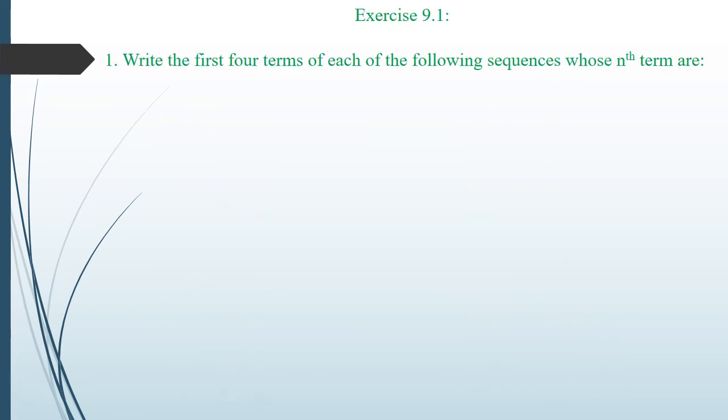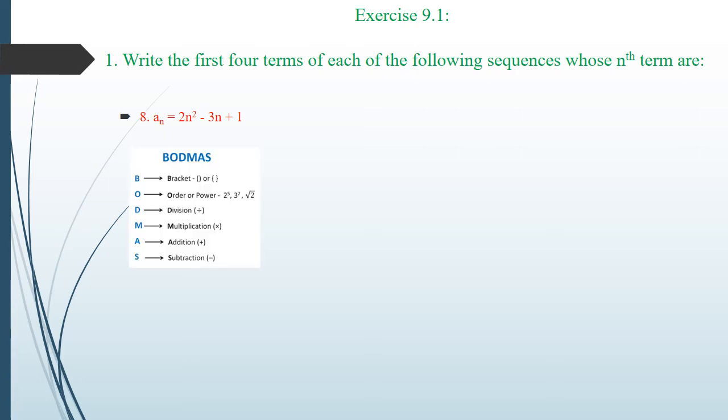We have something extra to learn from the previous problem which I solved, that is problem number 8, represented by an is equal to 2n square minus 3n plus 1. Here multiple terms are involved which we have to calculate, so we have to follow the BODMAS rule in order to solve this. BODMAS rule says first we have to solve the terms that are present inside the bracket first.